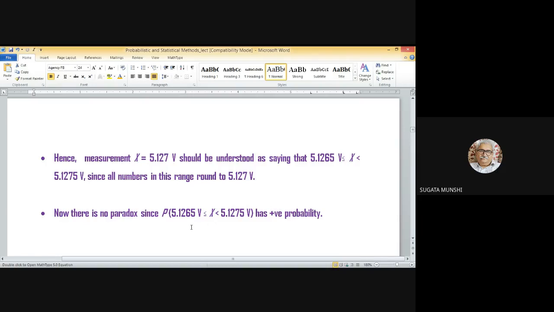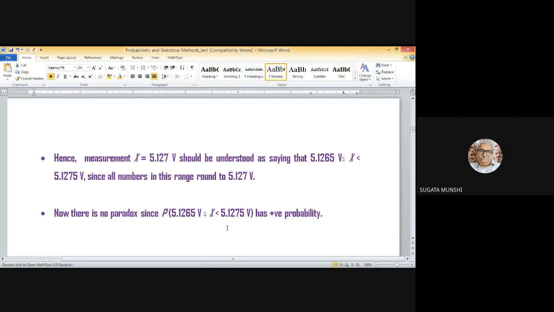But you may say, well, sir, why can't we represent it by a discrete random variable, which can take on values up to the third place of decimal? That means 0.001, 0.002, 0.003, 0.004. In this way, the discrete random variable can take on values. You may argue that in that way also we can represent the voltmeter reading.